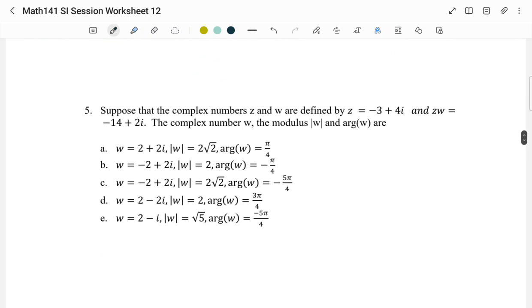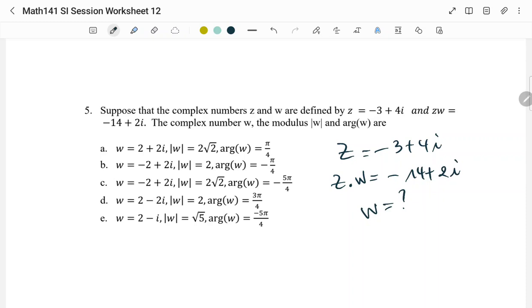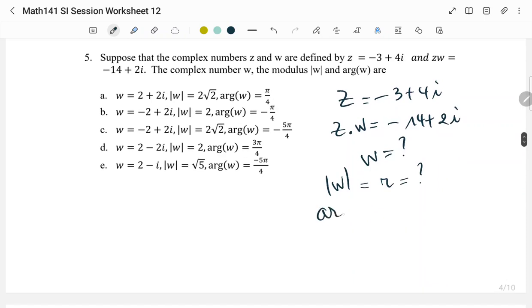Next one is an interesting one, because you're given the value of a complex number z, which is equal to negative 3 plus 4i, and you're given the value of the product of two complex numbers, z and w, which is equal to negative 14 plus 2i, and you are asked to find w, basically, and the modulus of the complex number w, which in other words, find the r value, and also the argument of the complex number w, which in other words just means find theta.